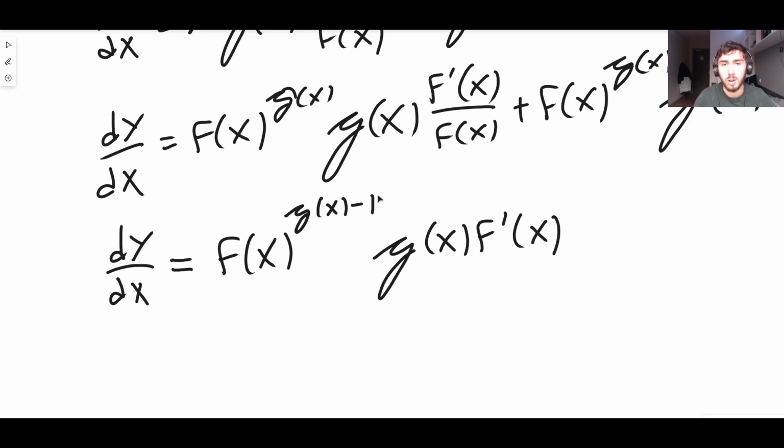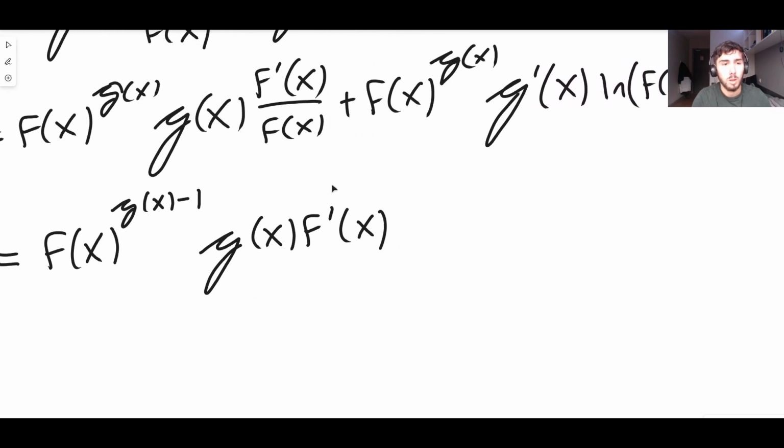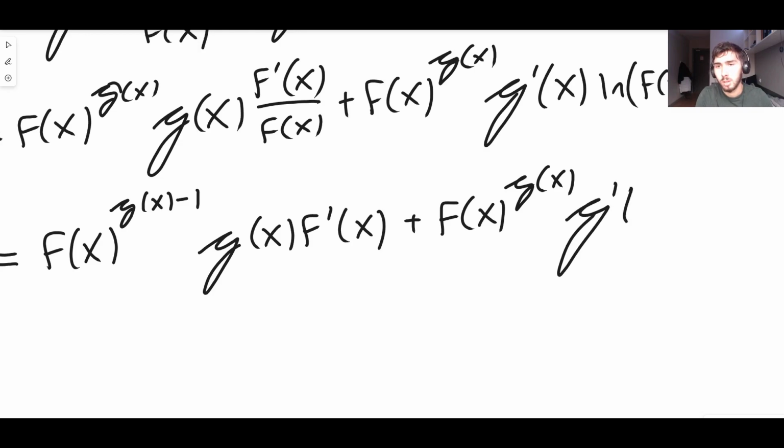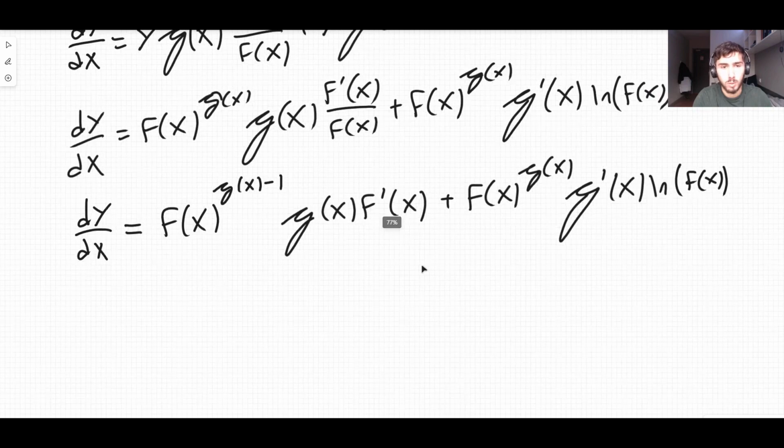That's the first term, right? We don't need to divide by f of x anymore because we took it off the power there. And then we can just write the second term in, and this doesn't simplify, so we get f of x to the g of x, g prime of x, ln of f of x. Okay, and you can manipulate this, you can move it around if you really want to, but that's the gist of it.